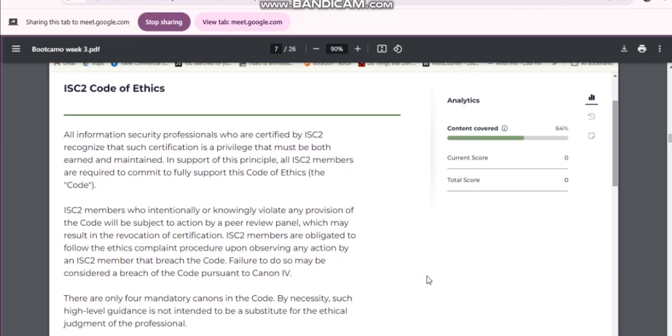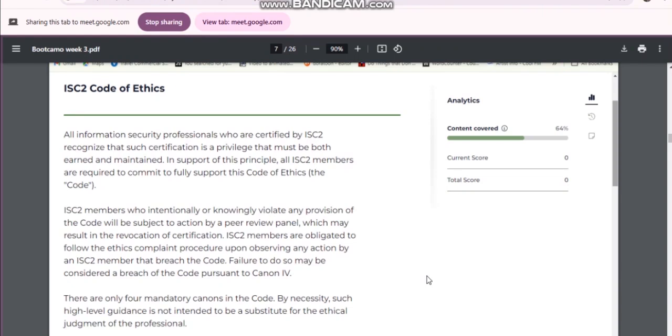So we should not think that the four mandatory canons will override the ethics of the profession.